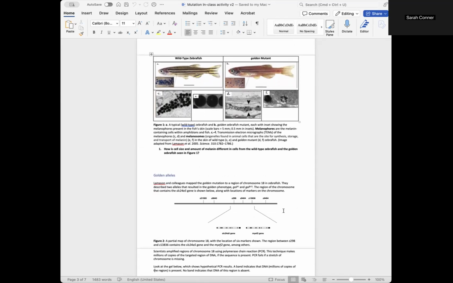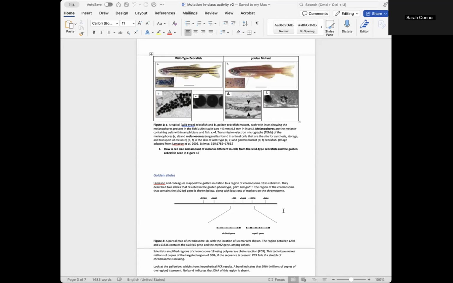For the golden allele, you're mapping out the chromosomes in those fish. There are two alleles that result in that golden phenotype, the GOL B1 and the GOL B13. The region contains the gene we were talking about before, and there are markers on each.